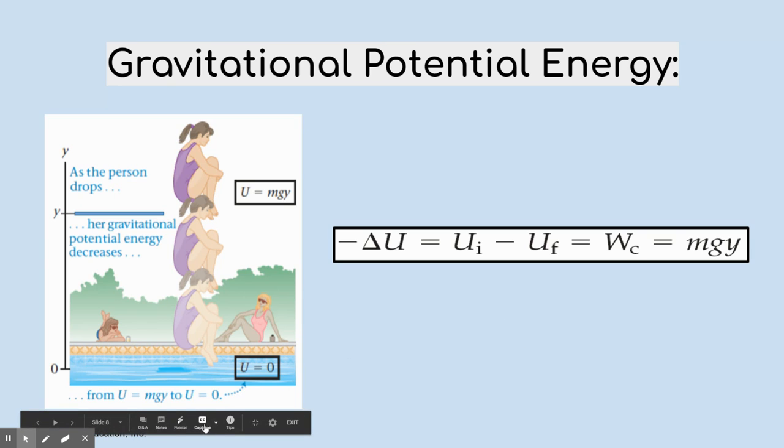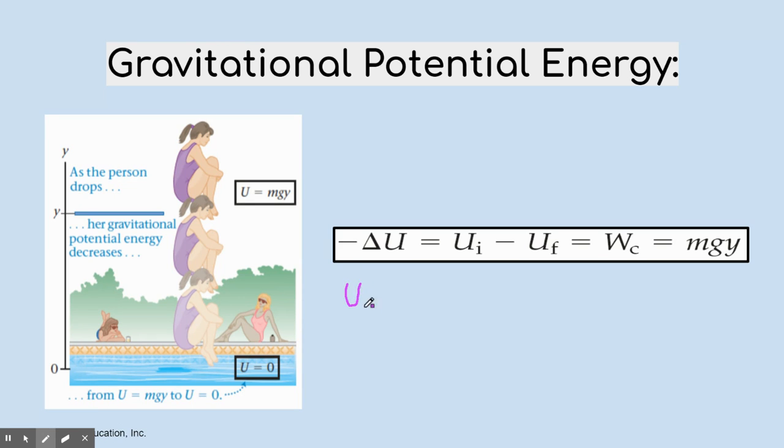The book goes into a better explanation of this, but normally we would say that U initial, so our potential energy, is equal to mgy plus our final potential energy.